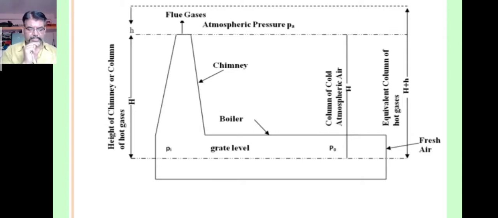It is the pressure due to the column of hot gases of height h meters, and the pressure exerted by the column of cold air outside the chimney at the height capital H, in meters. So this is all about the natural chimney. The difference of pressure causing the flow of gases is known as static draught. Its value is small and is generally measured by a water manometer.